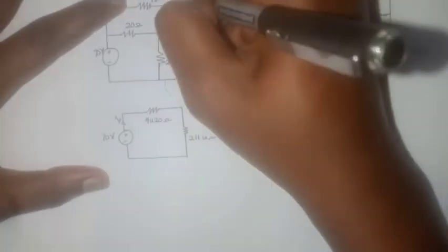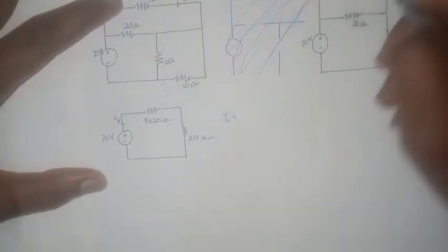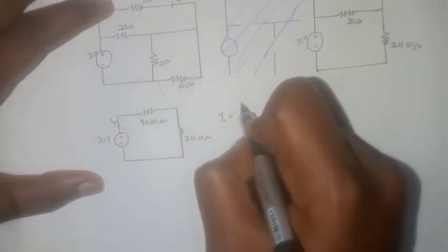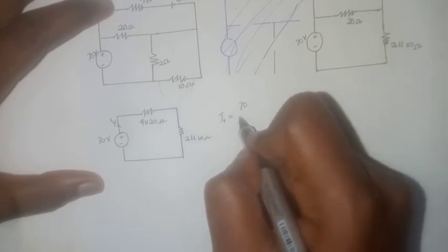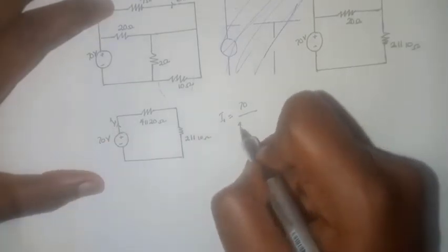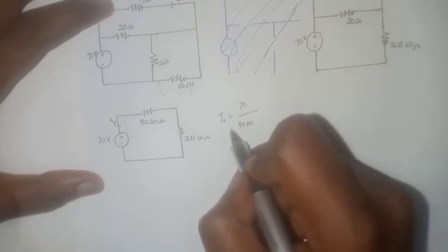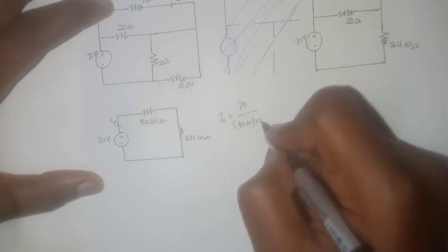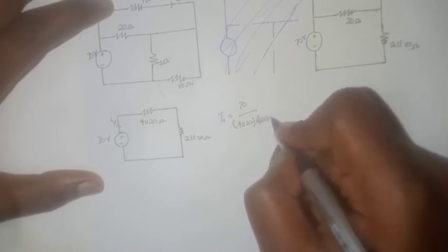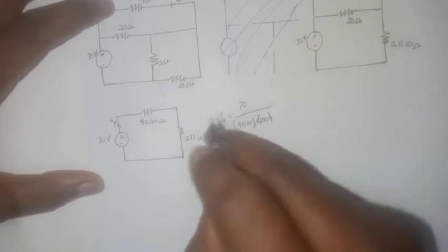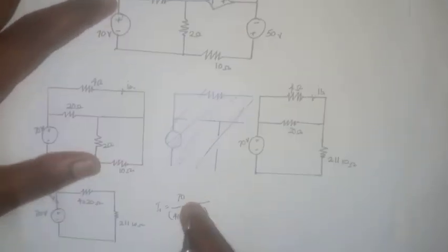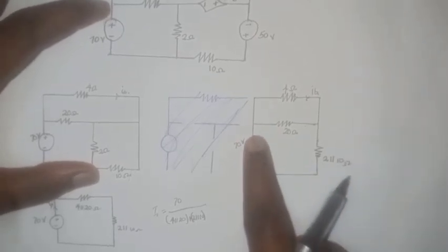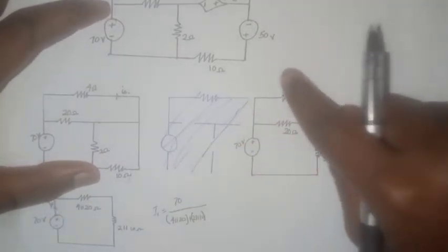If we call this current IB1 equals 70 volts divided by 4 in parallel with 20 plus 2 in parallel with 10. So there is the value of the current flowing in the circuit. We can then use the current divider to find the value of IB1.